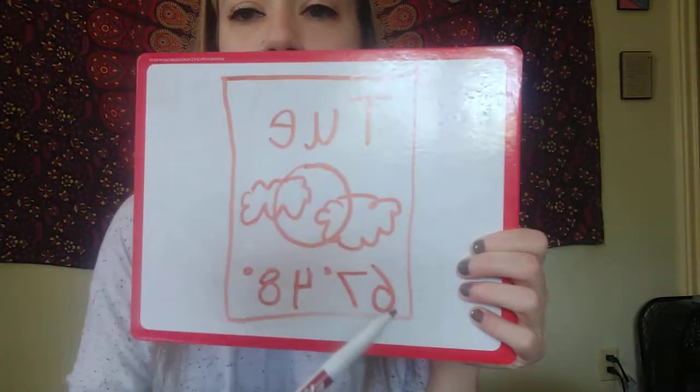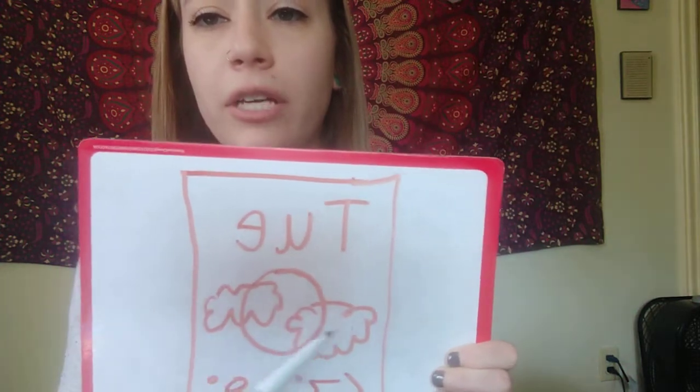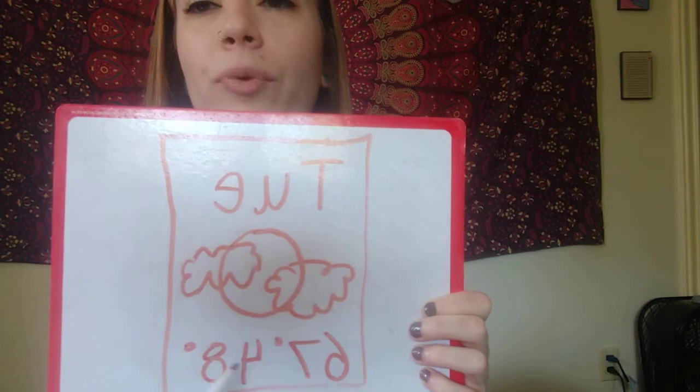So there's going to be a box, TUE, Tuesday. Here's our weather type for the day, and 67 degrees and 48 degrees. And I did get a new whiteboard marker. I'm very excited about it. So I don't have to deal with that faded one that I've been using for the past week.